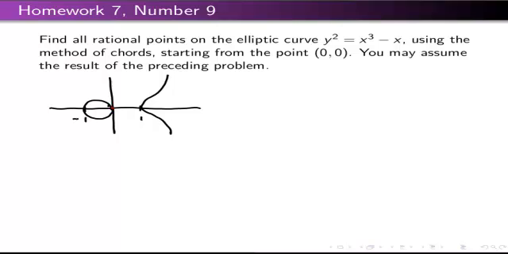Okay, so I'll start with 0, 0 and draw the line of slope m passing through 0, 0. So this is y equals mx, where m is some rational number. Intersect that with the curve.